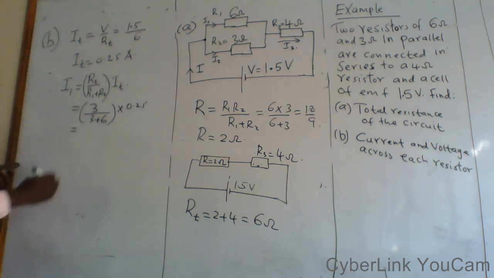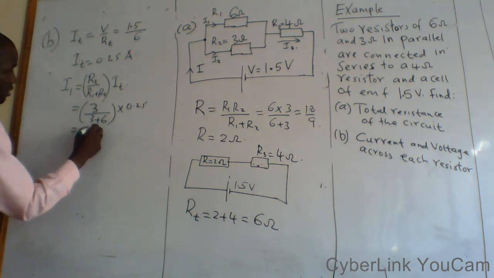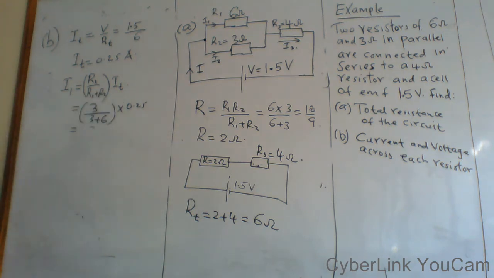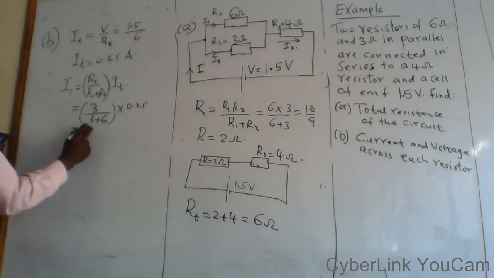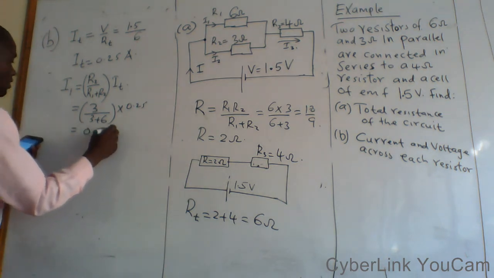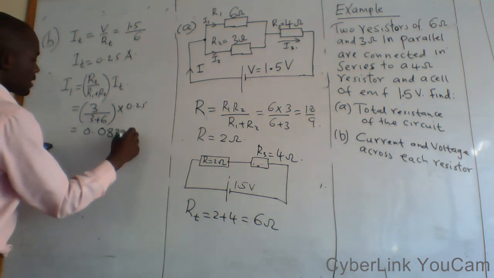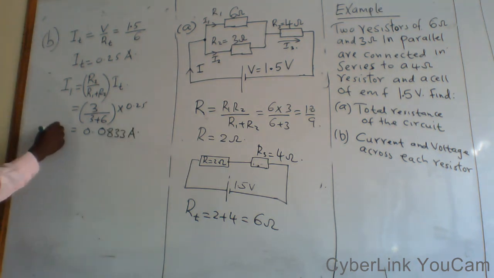This will be equal to 3 over 9, which is 1 over 3, multiplied by 0.25, and you will get 0.0833 amperes. That is our I1.